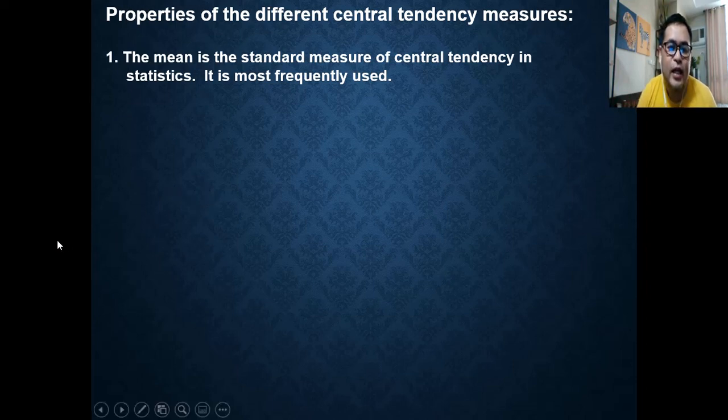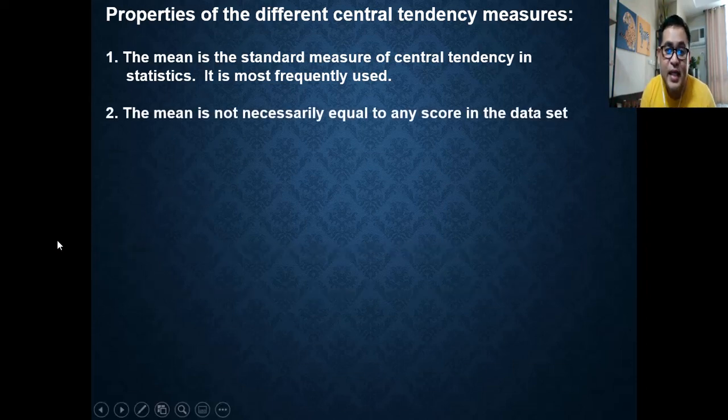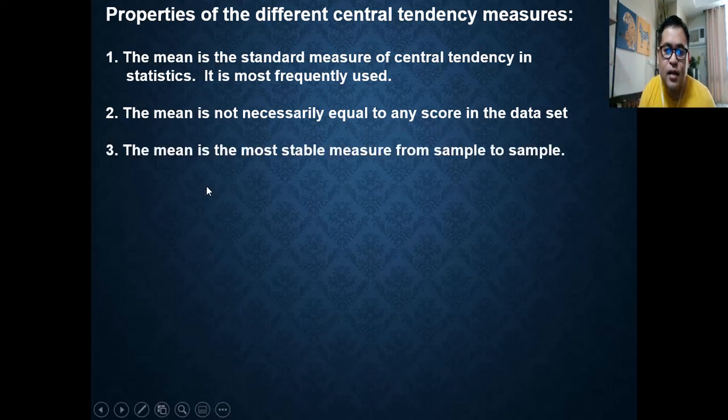Number two, the mean is not necessarily equal to any score in the dataset. I repeat, the mean is not necessarily equal to any score in the dataset. And the mean is the most stable measure from sample to sample, as I mentioned a while ago. This is because we really get the center of the measures.